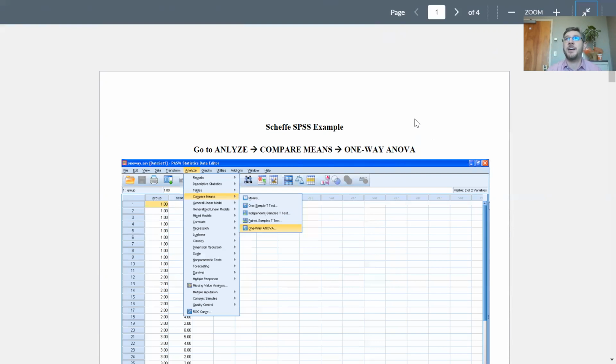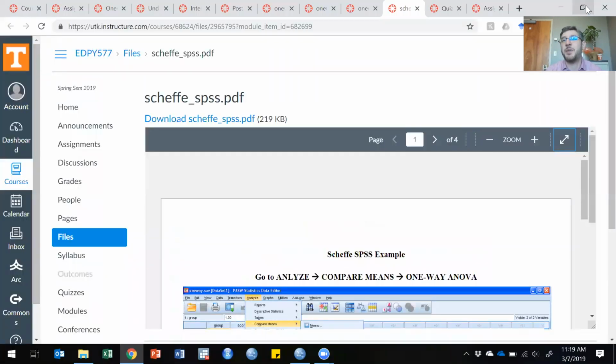Say you have one experimental condition and 2 control groups. You could test whether the experimental condition is different than both of the control groups, or vice versa, with 2 experimental conditions and 1 control group: is the control group different than the other 2 experimental conditions? I talk about that a little bit more in the notes.